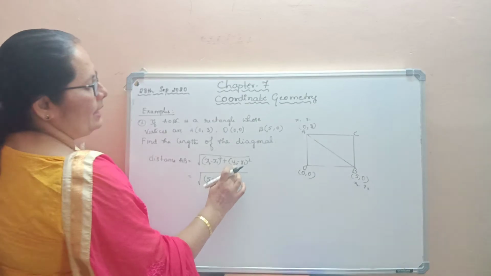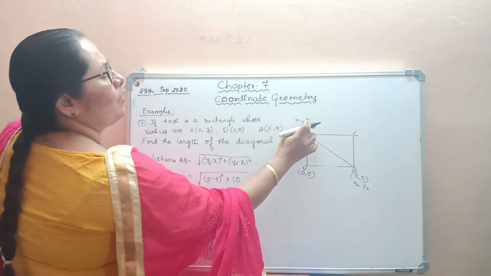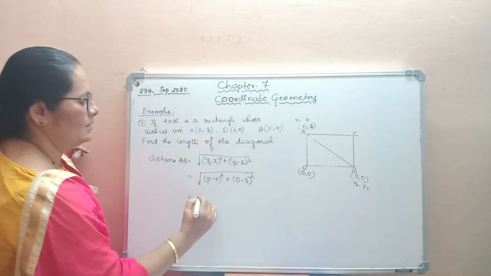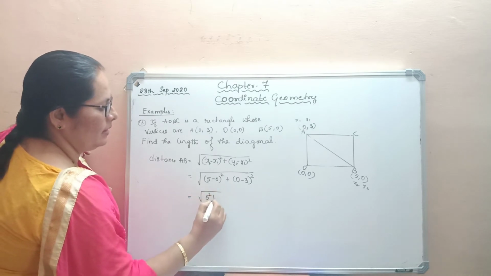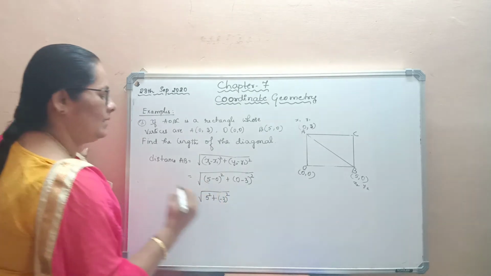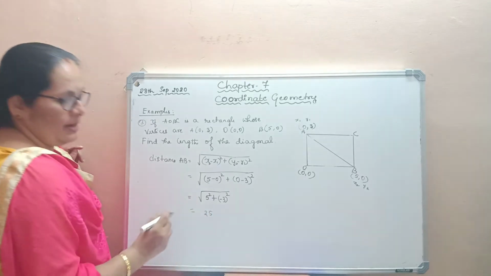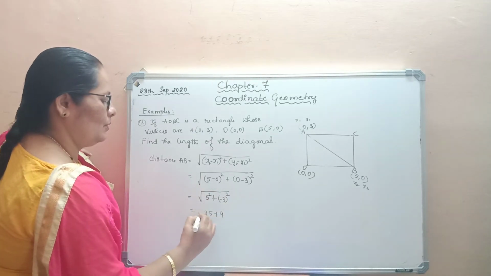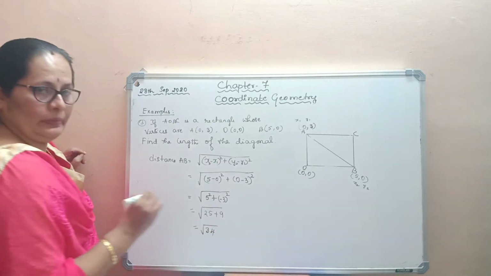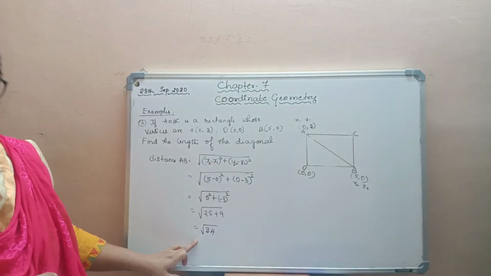Then y2 is 0 and y1 is 3, so 0 minus 3 whole square, that is minus 3 whole square. So 5 square is 25 and 3 square is 9. So root of 25 plus 9, which is 34. So the length of the diagonal AB is equal to root of 34.